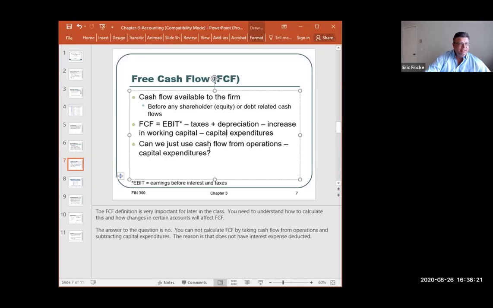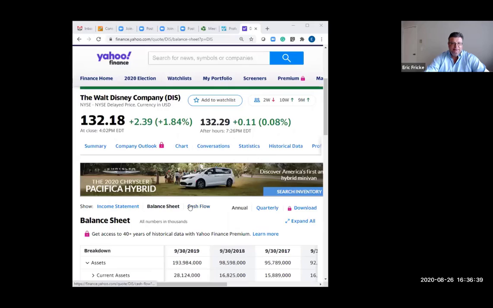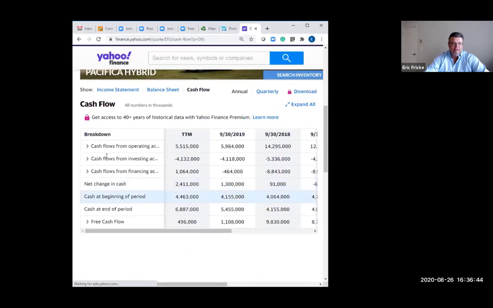And the last number we need is capital expenditures. Capital expenditures we can get from the cash flow statement, right here, cash flows from investing activities. So we could go ahead and use minus 4.3 million.